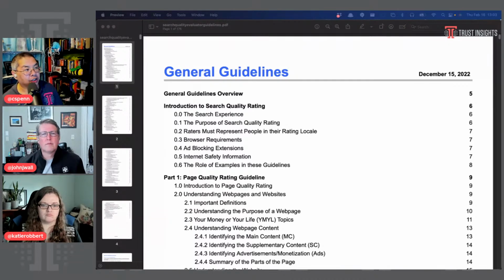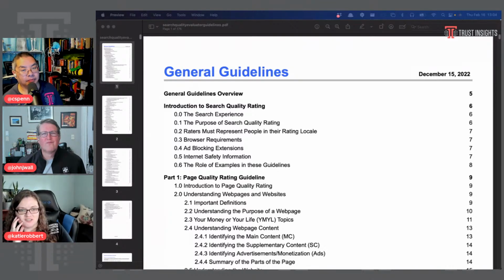And what these folks are asked to do is first do a quick assessment of page quality, and then they're given a task, like, for example, find the contact information on the Trust Insights website. That'd be a task they'd be given, and then they have to rate that site based on the ease with which they can accomplish that task. So, go ahead, Katie. Let me see if you answer my question before I ask it.